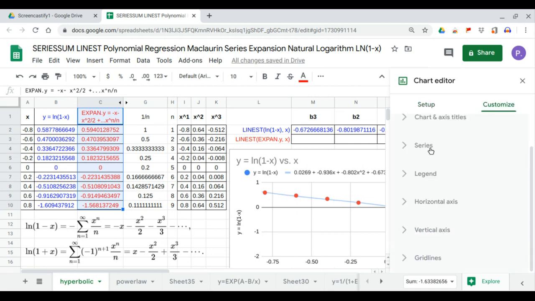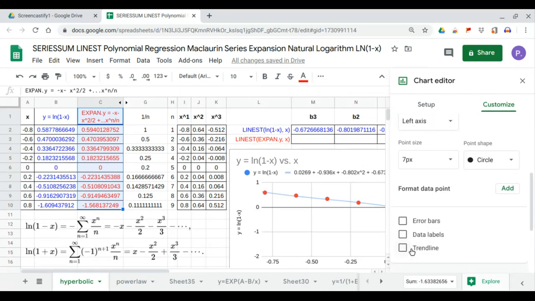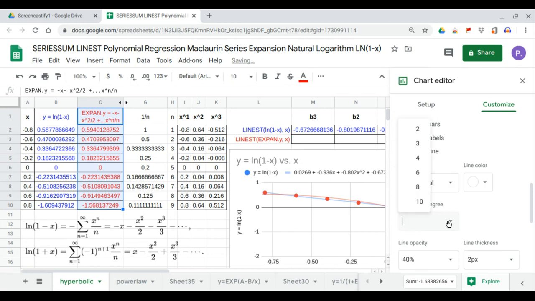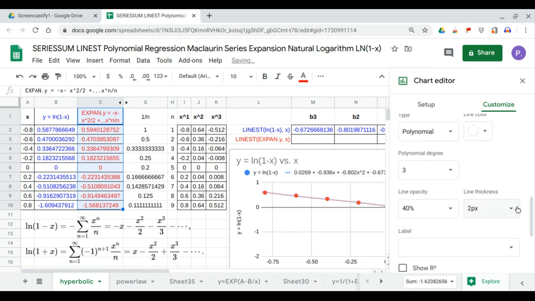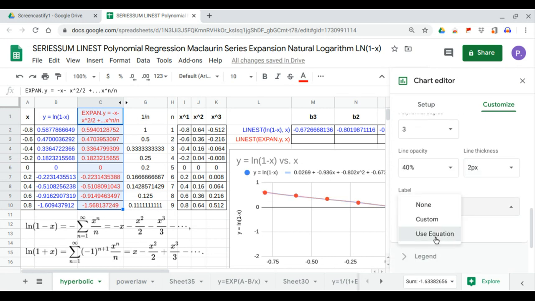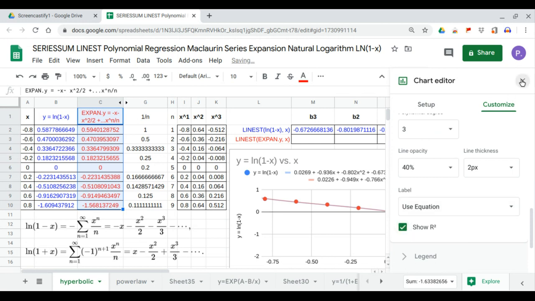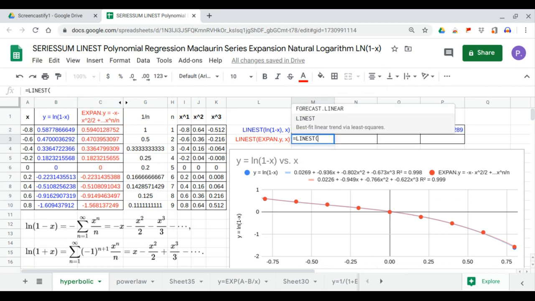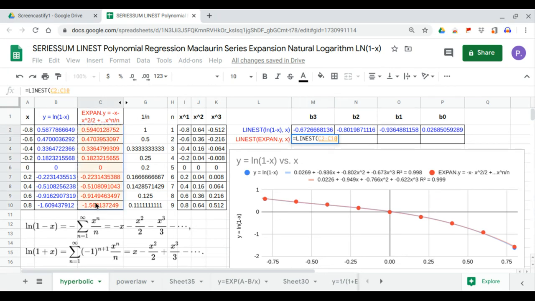And we'll also show the trend line equation using polynomial to the third degree because we used the third degree earlier. So show the R squared. Then we calculate the LINEST of data y and data x.